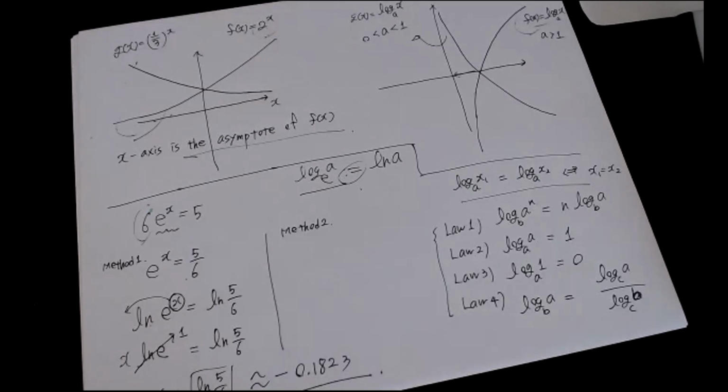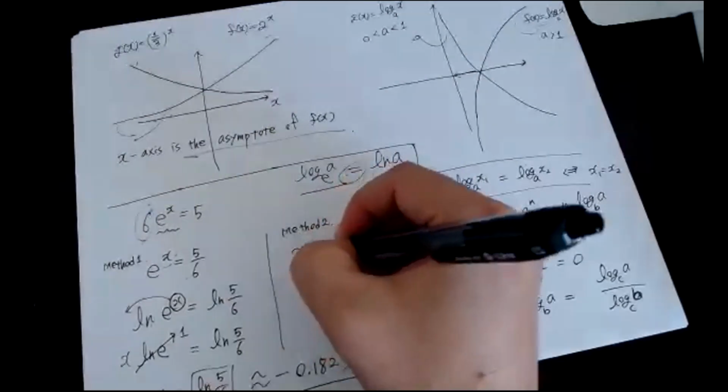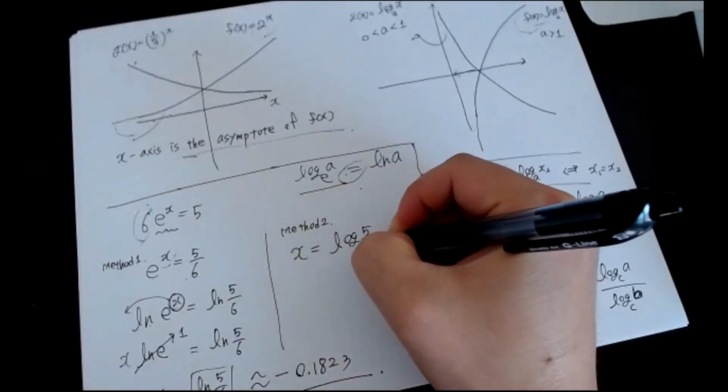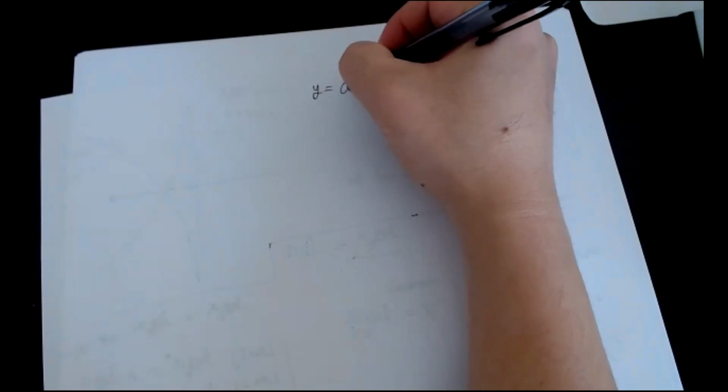Now you see the x right here. Actually, x is equal to log of 5 over 6 to the base e. Let me tell you again here. Let's say y is equal to a to the x.